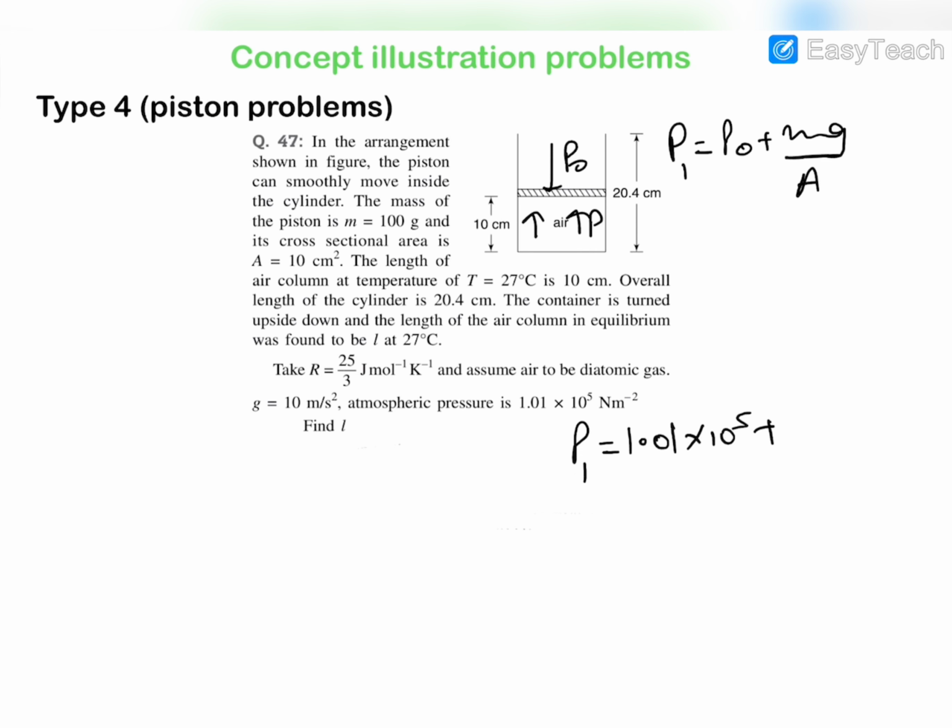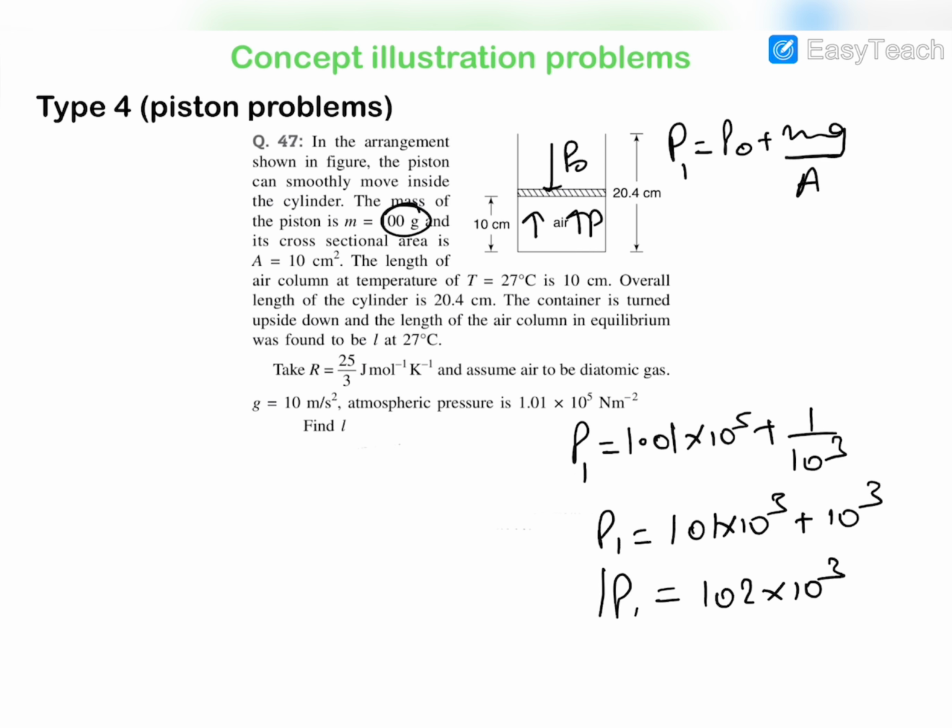Now mg is equal to 1, and area is 10 to the power minus 3. So P1 is equal to 101 into 10 raised to power 3 plus 10 raised to power 3. So this is 102 into 10 raised to power 3.